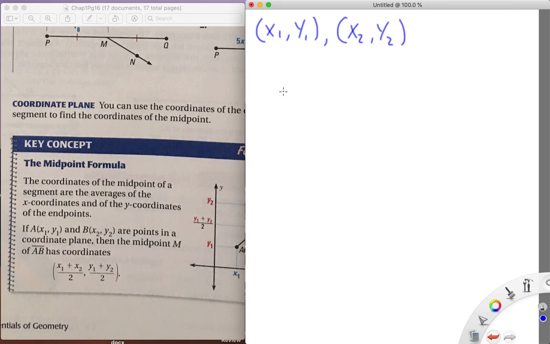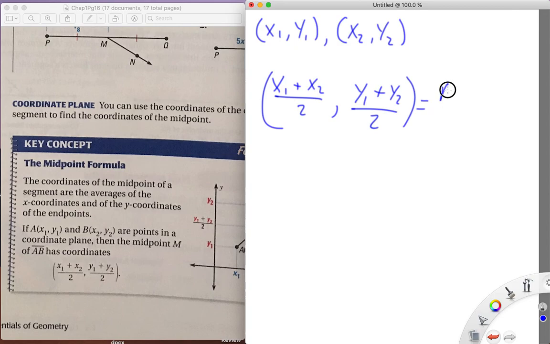And the midpoint formula says that I can find the midpoint of this particular segment by adding the two x coordinates and dividing it by 2, and adding the two y coordinates and dividing it by 2, and that's going to give me the midpoint of a particular segment.